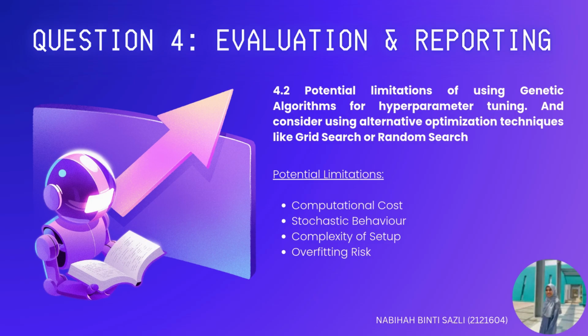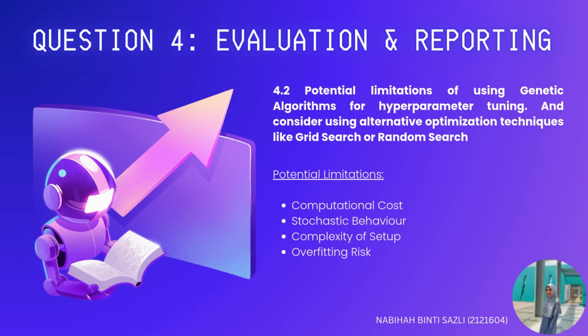Why? Because genetic algorithms evaluate multiple individuals per generation across multiple generations. So for larger datasets or models with long training times, this could be more expensive, and it could increase the cost eventually.